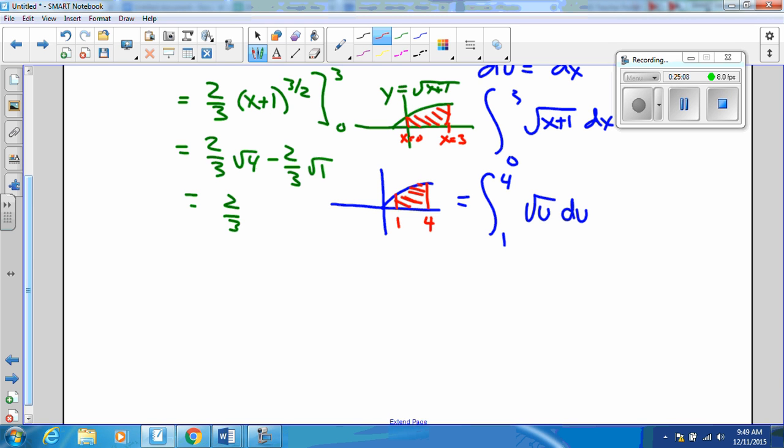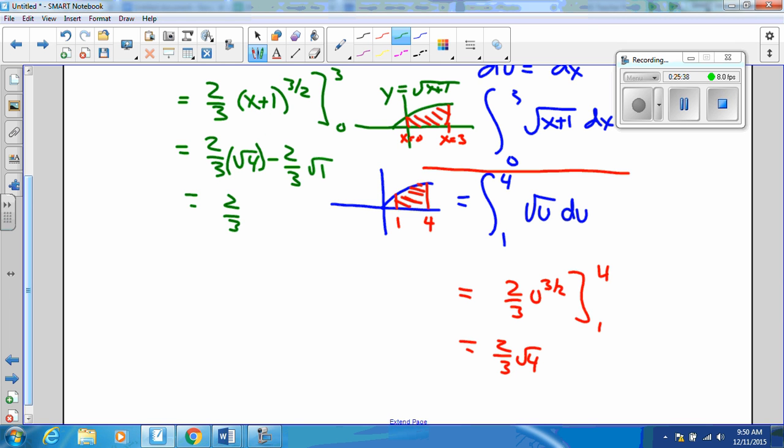Now, here's the payout. Having substituted here, I can now draw a mental line right here and ignore the old integral, because I am now confronted with a new integral whose value is the same as the old one. And so as soon as I compute that, which is 2/3 u to the 3/2, from 1 to 4, then I get 2/3 of root 4. This is 4 to the 3/2, isn't it?